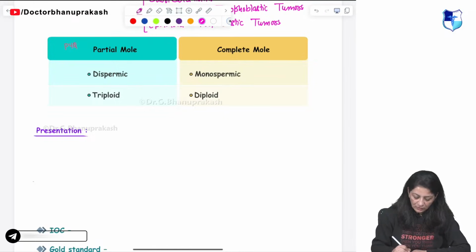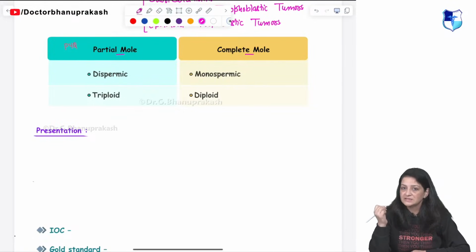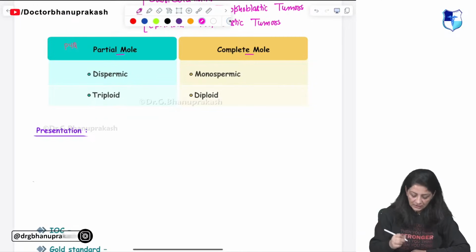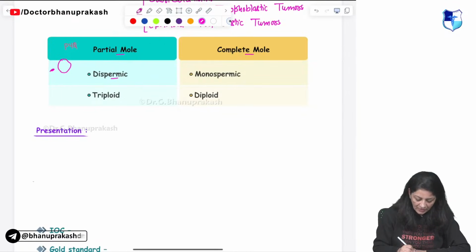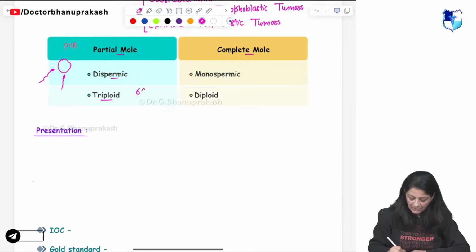Now, what is the difference between partial mole and complete mole? In partial mole, basically there is a wrong fertilization, wrong placentation. In partial mole, this is dispermic, means one female ova is fertilized by 2 sperms. Triploid karyotyping, 69XXY. There could be a 69XXX.